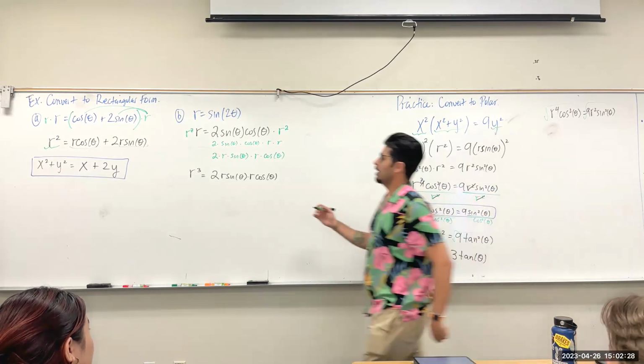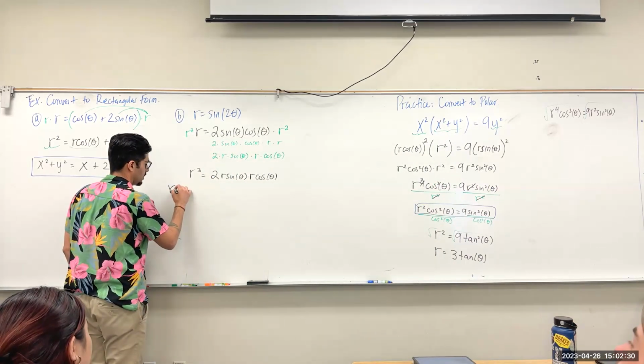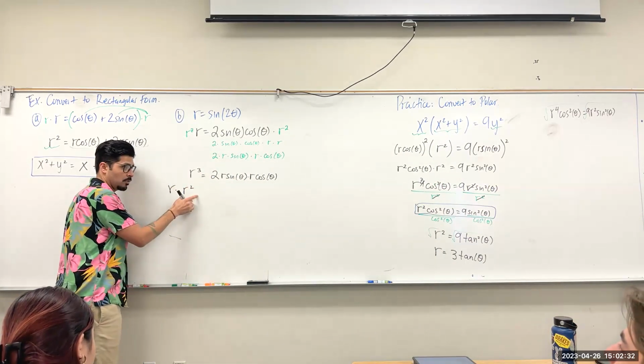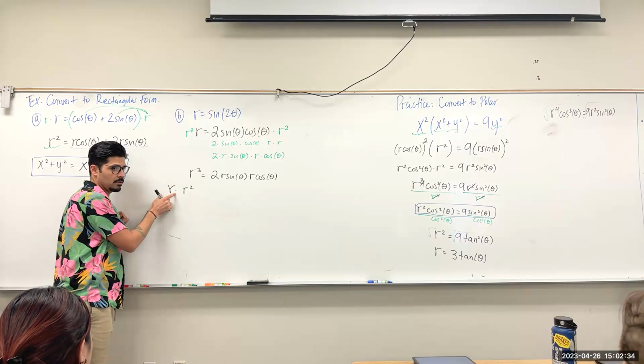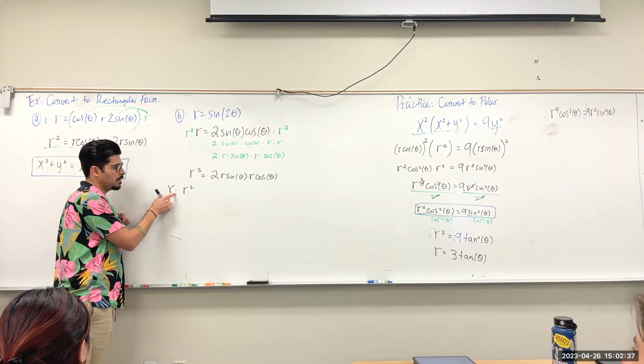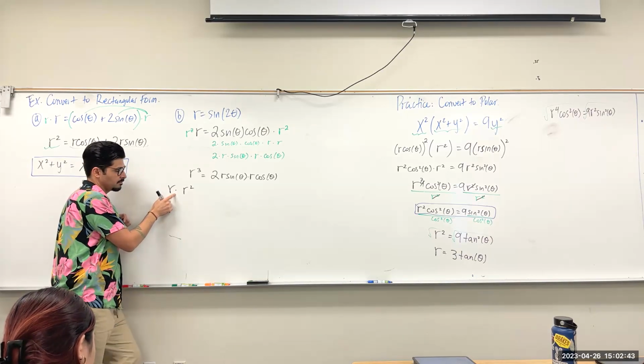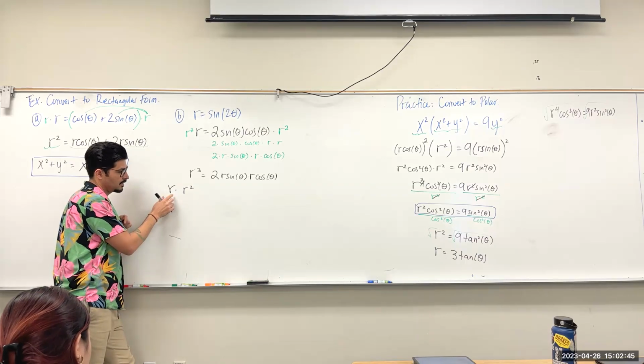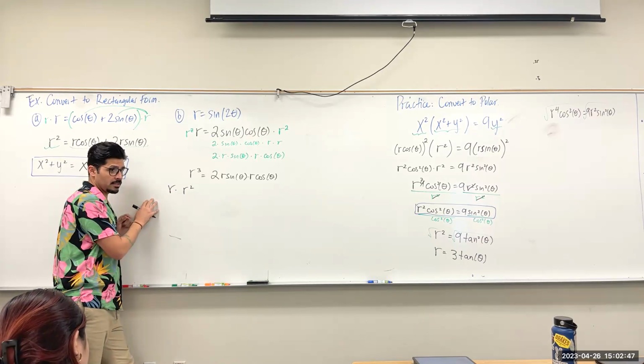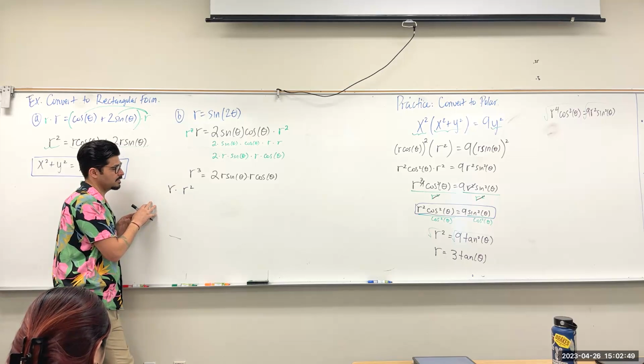Okay, if I was to do that, that would become the r squared, and then what would the rest become? Square root of x squared plus y squared, plus or minus that. But you're going to end up with plus or minus here in this case.